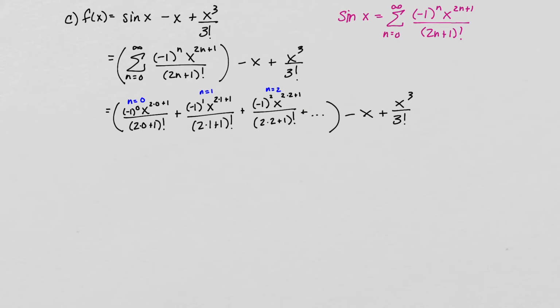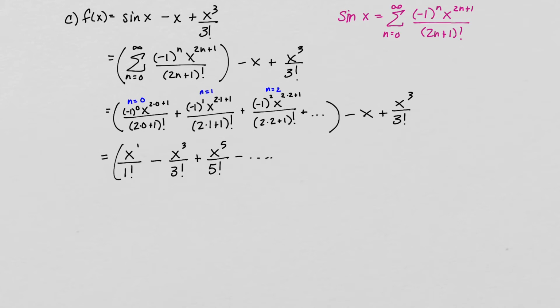And if I actually work out what these are, so that n equals 0, negative 1 to the 0 is 1. On the top, I just have x to the first, and on the bottom, we have a 1 factorial. The next term turns out to be negative, and then we have an x cubed over 3 factorial. The next term will be positive, and then we have an x to the 5th over 5 factorial.